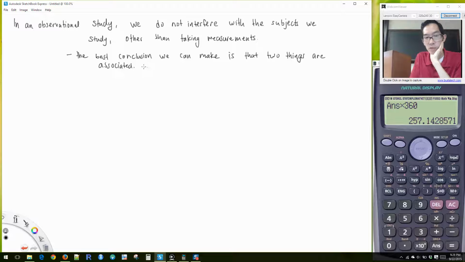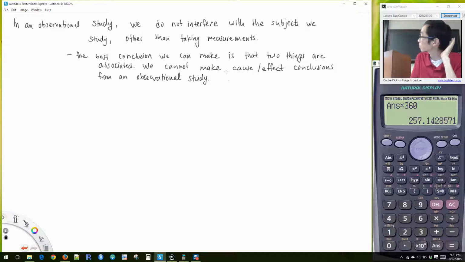Okay, we cannot make cause and effect conclusions from an observational study. And that is because we are not interfering with the subjects. So people choose what they want to choose, and then we see what happens.